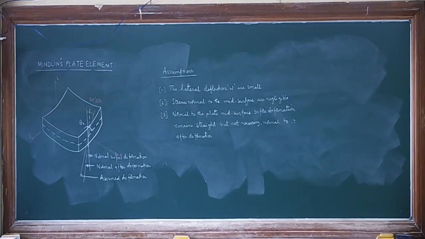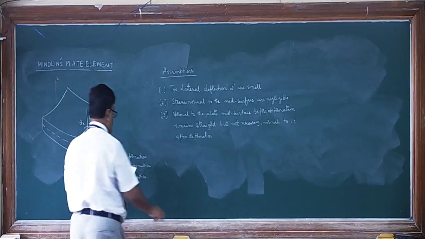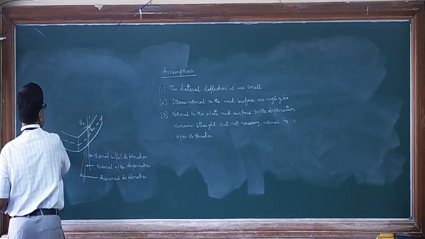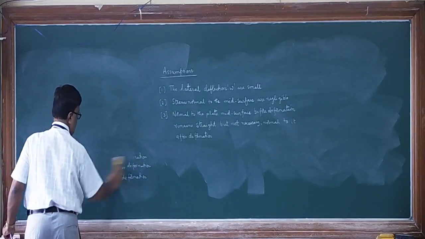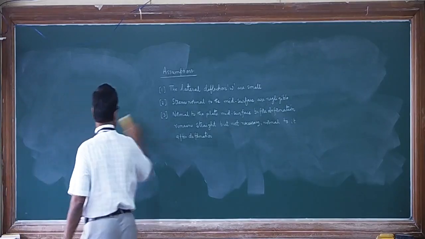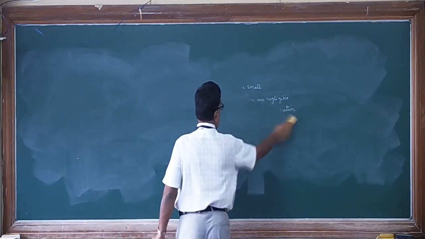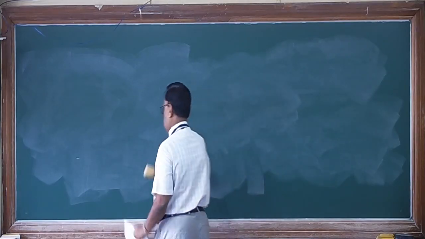Now let us quickly go for the analysis part. Whatever is possible today, we'll do it, and then tomorrow we'll complete this plate, and then we'll go for the introduction of the shell elements. Okay.